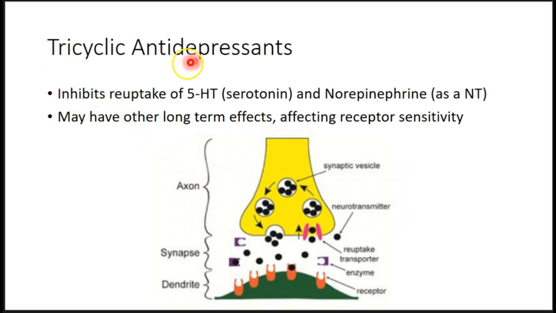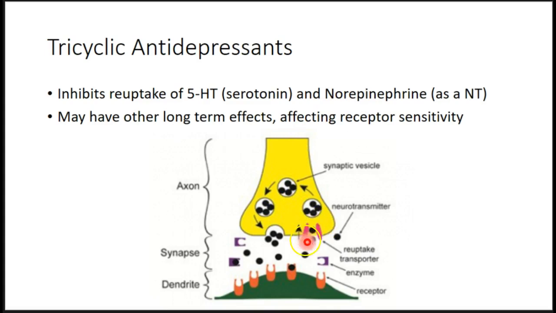So our tricyclic antidepressants are going to inhibit the reuptake of both serotonin and norepinephrine, as in the neurotransmitter norepinephrine, not hormone. Yes? So by blocking the reuptake transporter, it stays there longer, which means it can take more up? Not that it can take more up.